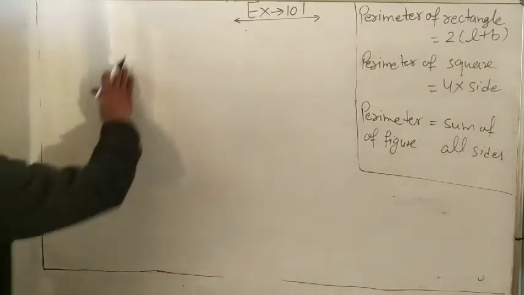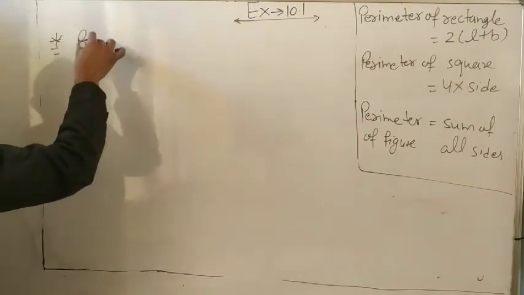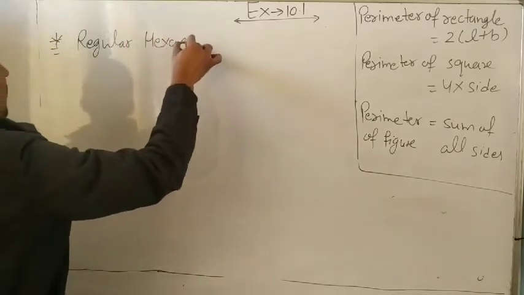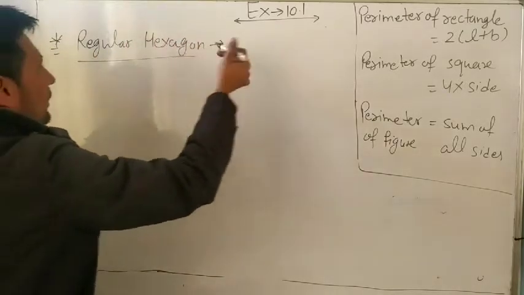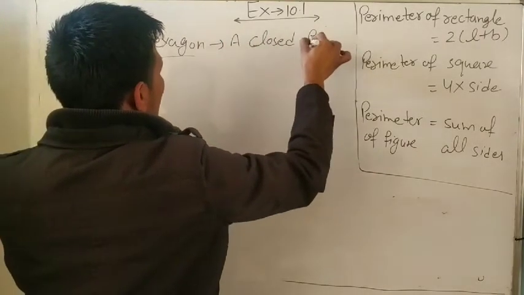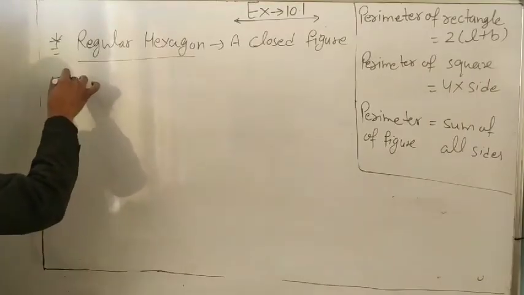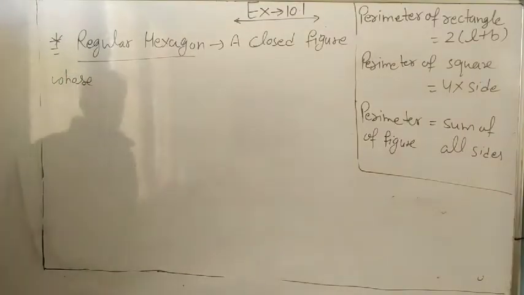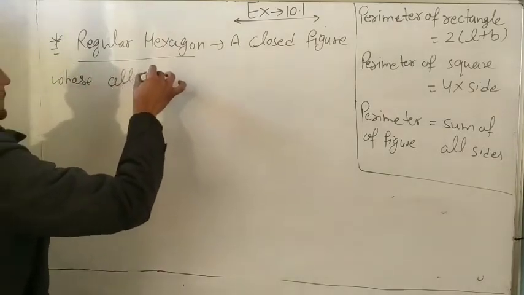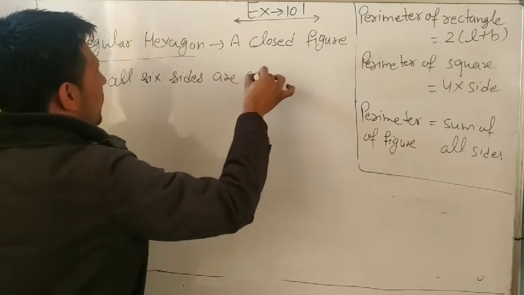8. Before question number 8, you should know what a regular hexagon is. What is a regular hexagon? You can say that it is a closed figure whose all 6 sides are equal.